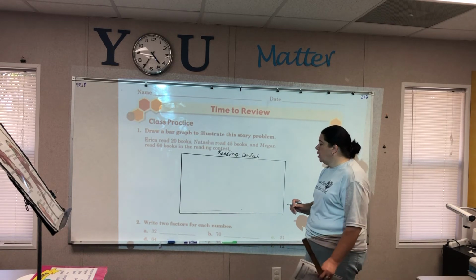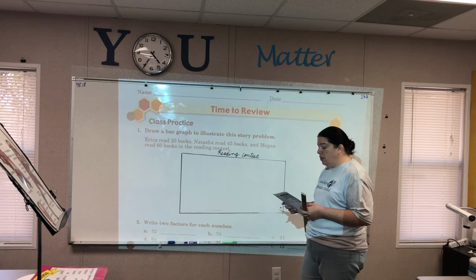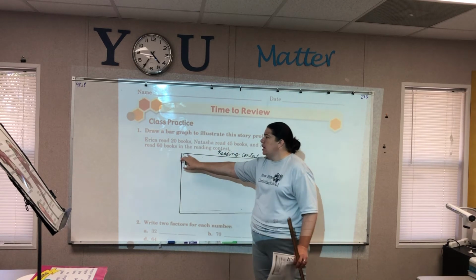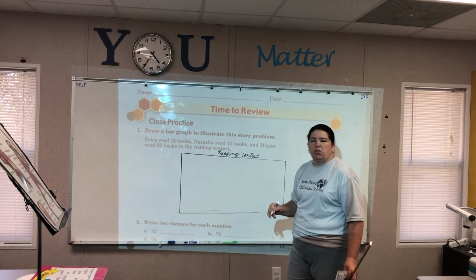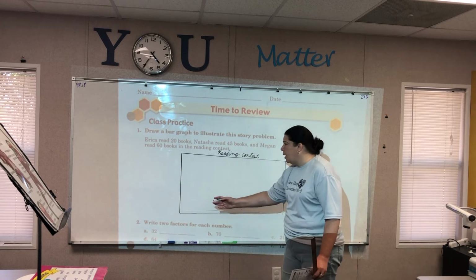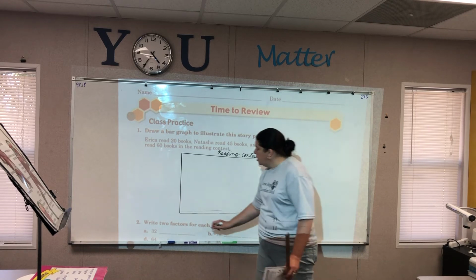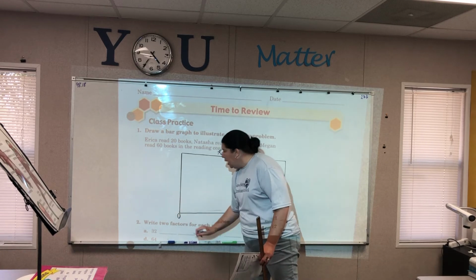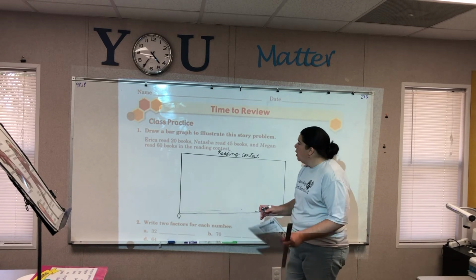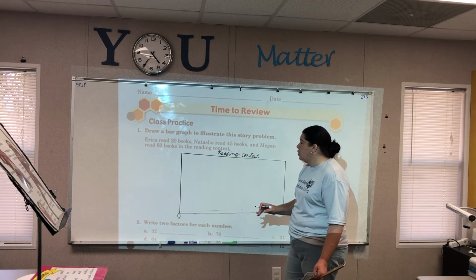Now we need to put our scale. So we have 20 books, 45 books, 60 books. So should we do by ones? That wouldn't make sense, would it? We'd have to go 1 all the way to 60. But we could start with 0, of course. And we can count by 5s, we can count by 10s, we can count by 20s.